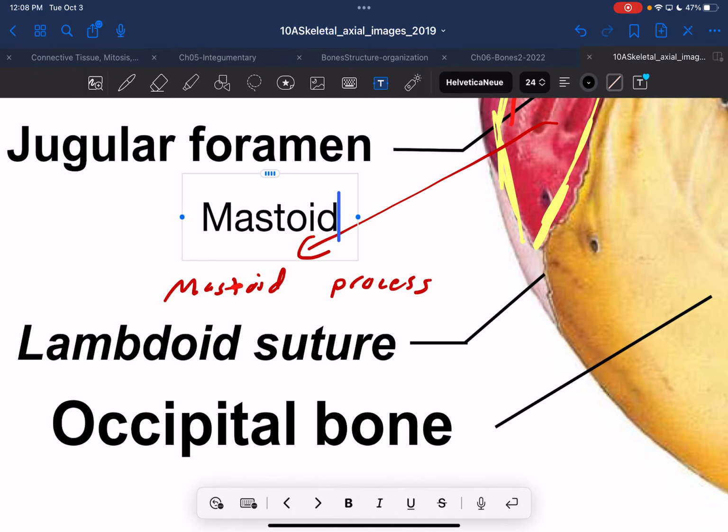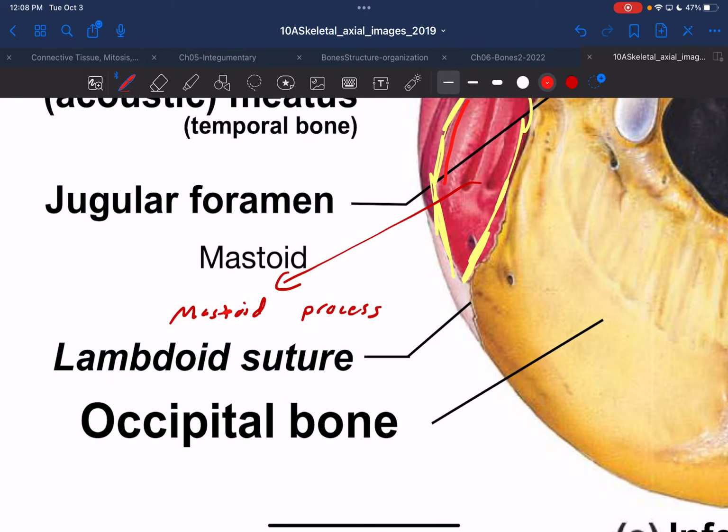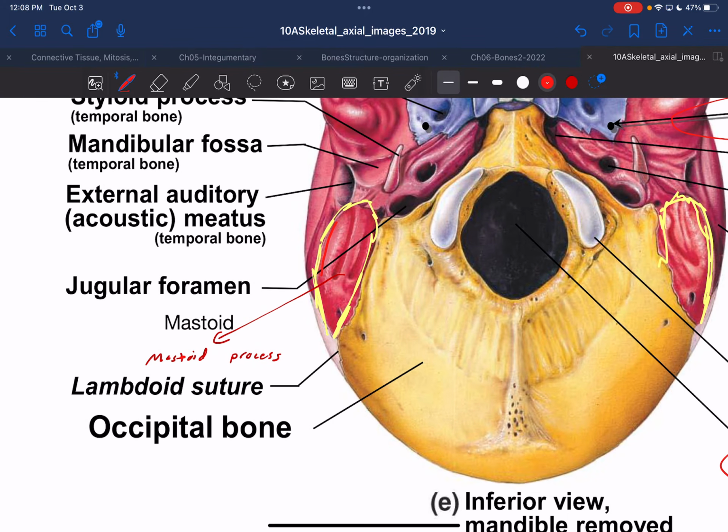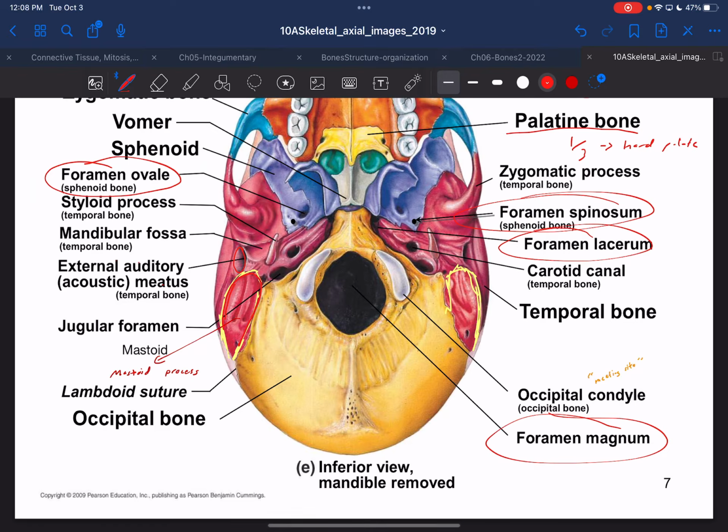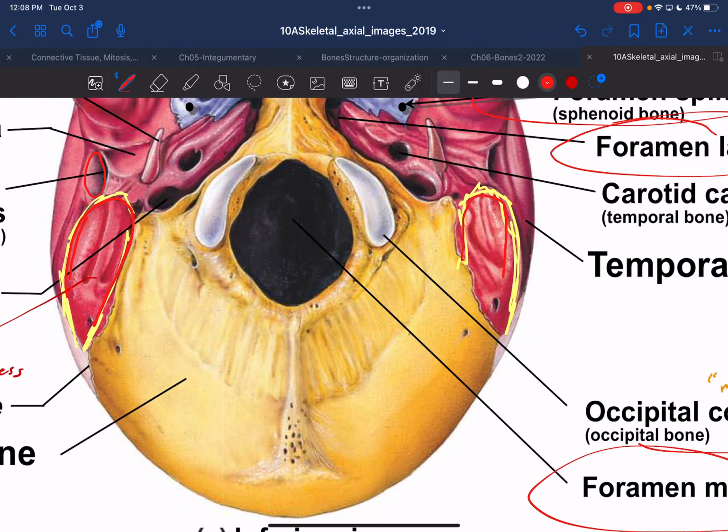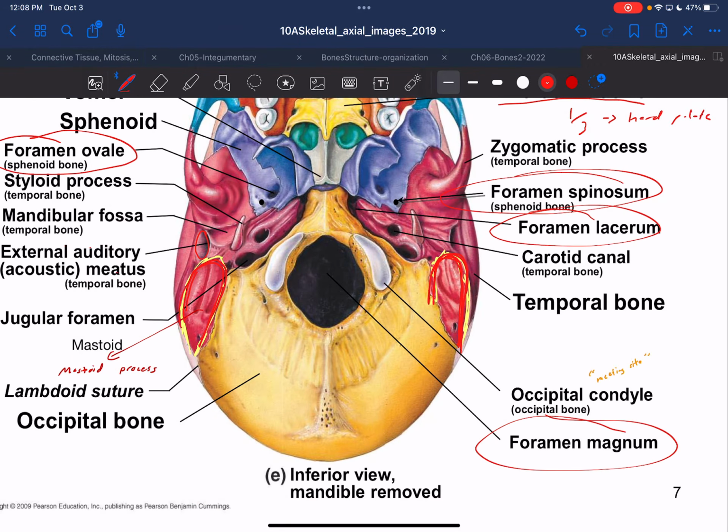Mastoid process. And again, look at where we're at right here. This opening is our external auditory meatus, the ear hole, as you call it. Remember it? And this structure is right behind. I give you this because you might encounter in physio that this is a bone structure you need to know in order to understand a certain type of deafness. And so it'll be relevant in the future in physio.